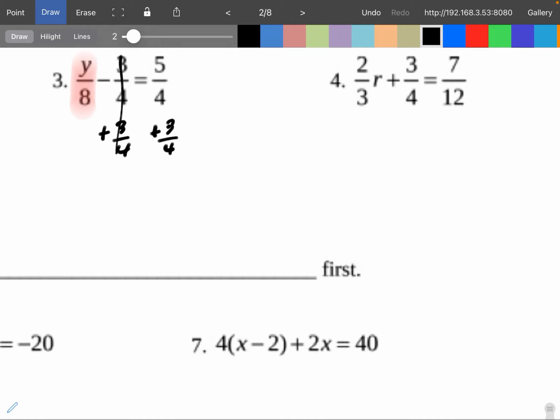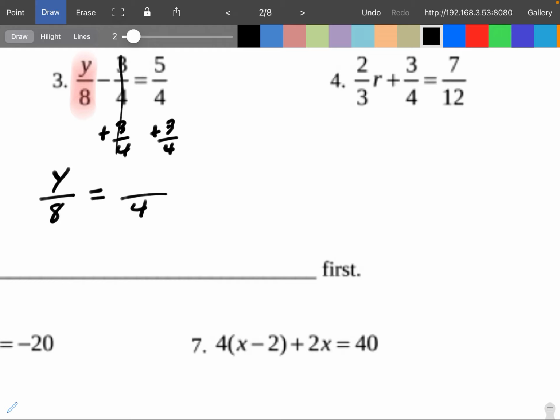So then, just like yesterday, still these cancel out right here, right? Negative 3/4 plus 3/4, that's 0. And then all we have left on the left-hand side now is y over 8. And on the right-hand side, well, you're lucky that you have a common denominator, right? So your common denominator is 4.